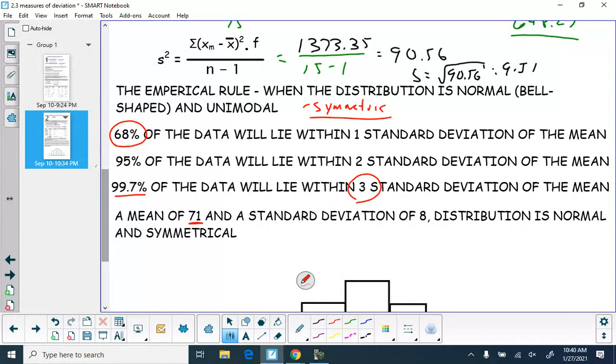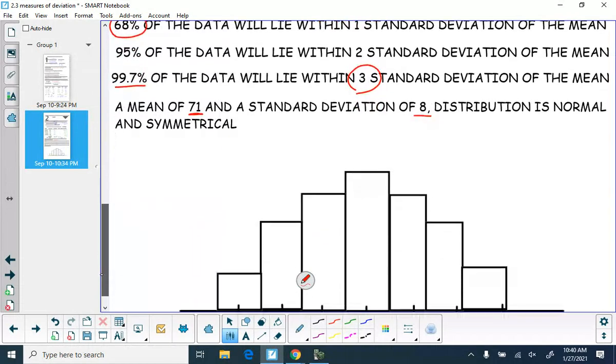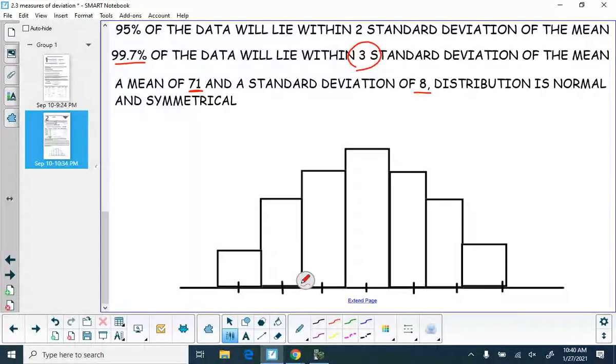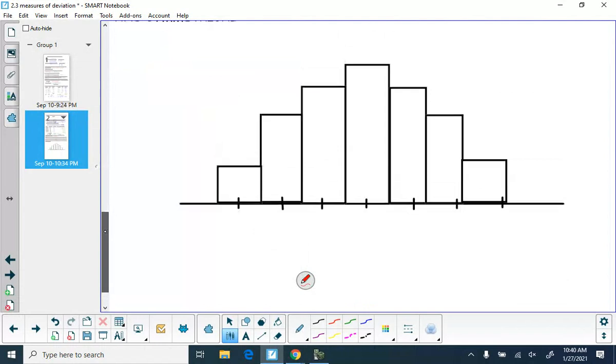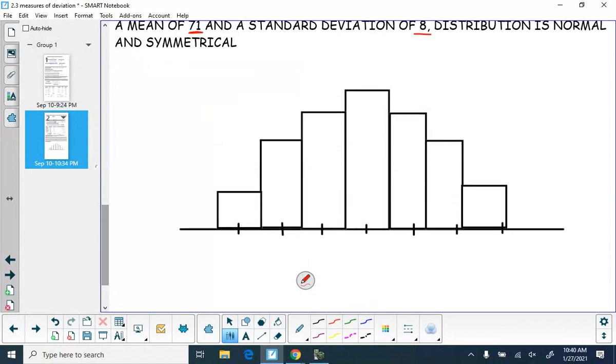If the mean is 71 and a standard deviation is 8, here's my mean of 71 right in the middle.